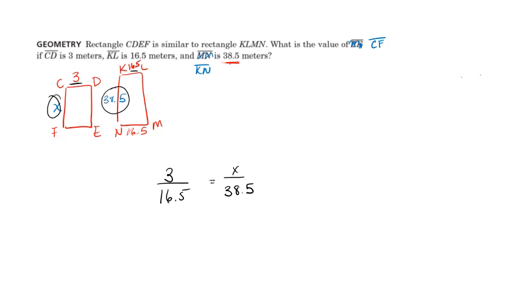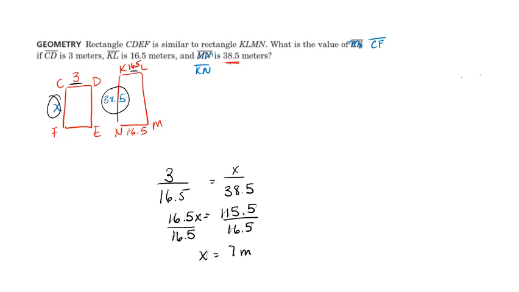So 3 over 16.5, those are corresponding, and then x over 38.5, those are corresponding. So I get 16.5 times x equals 3 times 38.5. 3 times 38.5 is 115.5. Whoops, this should be 16.5x, or I'd have a weird statement there. Divide by 16.5, and I get x is 7 meters.